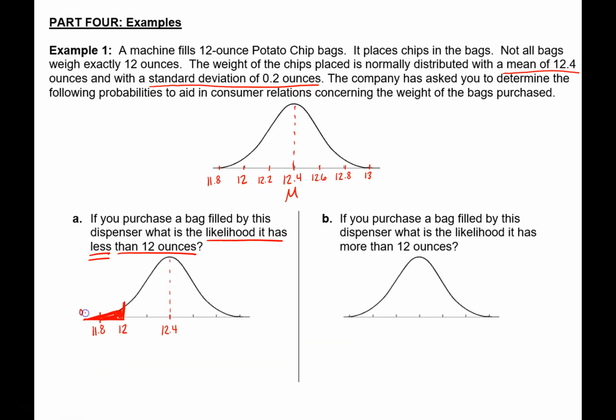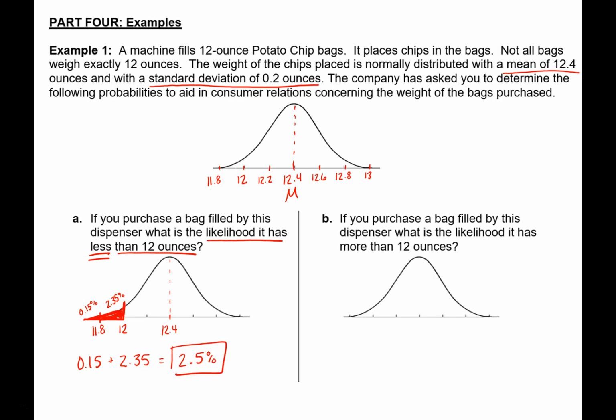I know this section is 0.15% of the graph, and I know this section is 2.35% of the graph. So I can do 0.15 plus 2.35, and that gives me 2.5%, and that is the likelihood that our bag is going to be less than 12 ounces.